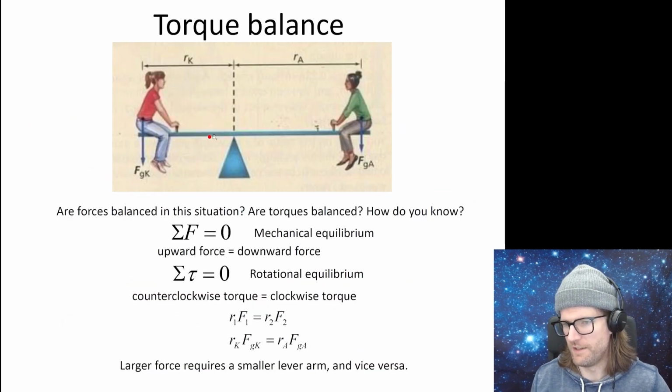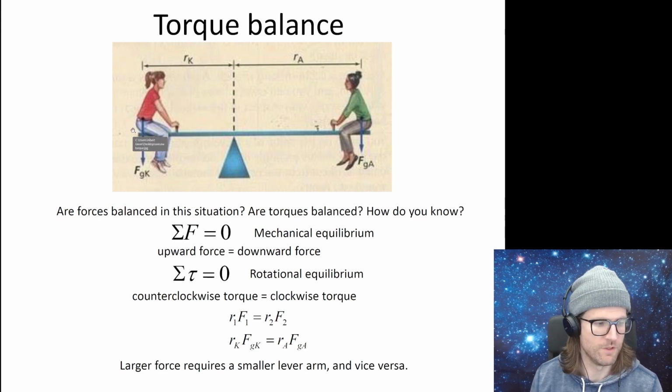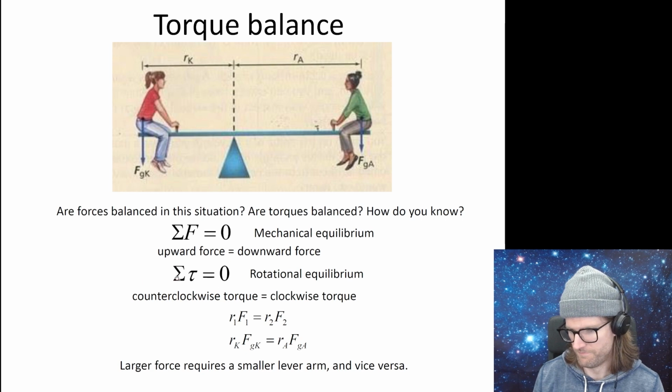Okay, and this is a seesaw balance. If these people are in equilibrium, we talked about that, then their forces are all equal to 0, and their torques are all equal to 0. That's called equilibrium. So forces all added up equal 0, or all the torques added up equal 0.